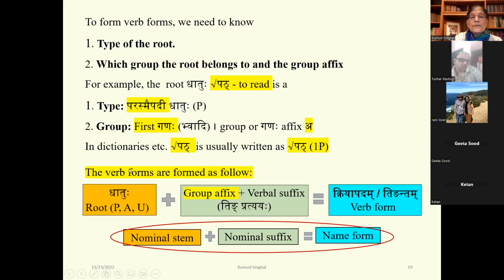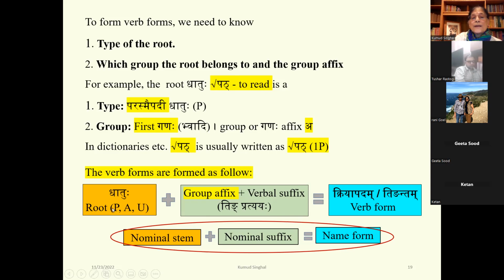So in order to form a verb form, you take a dhatu, a root, and you have to know whether it is a parasmaipadi dhatu, an atmanepadi dhatu, or an ubhayapadi dhatu. And depending on the type of the root, you will add those verbal suffixes.